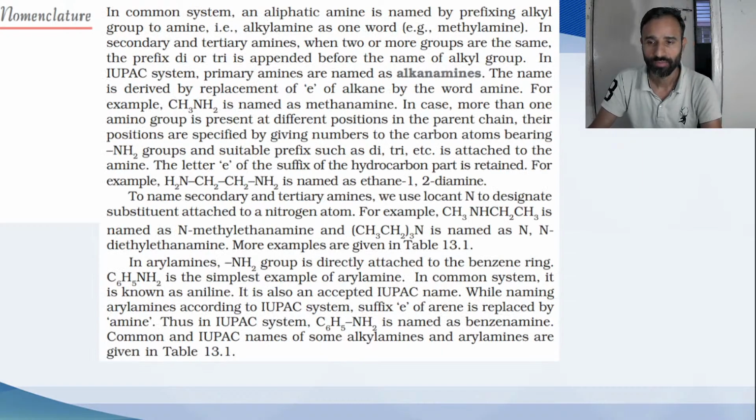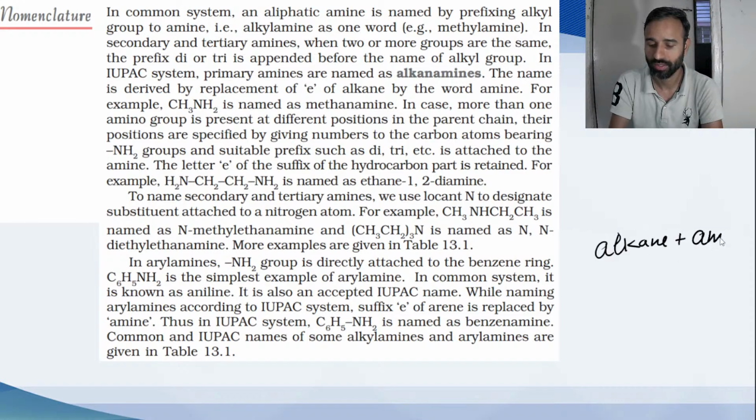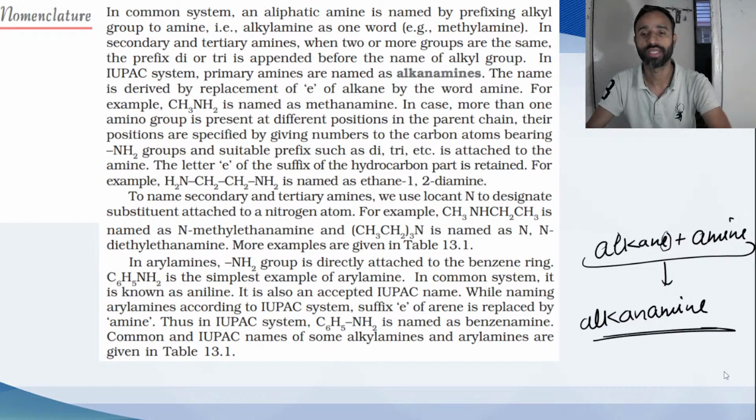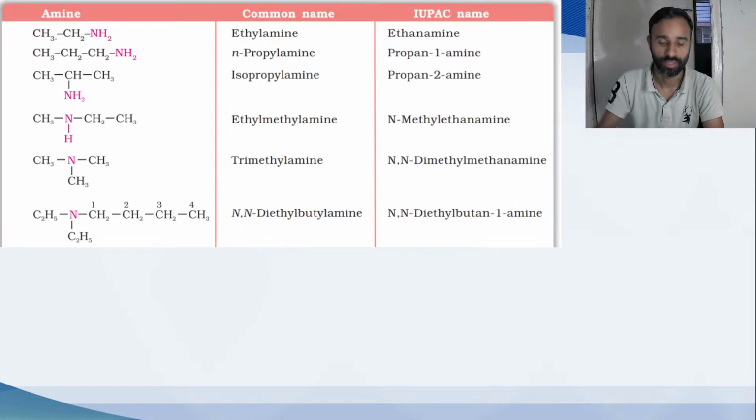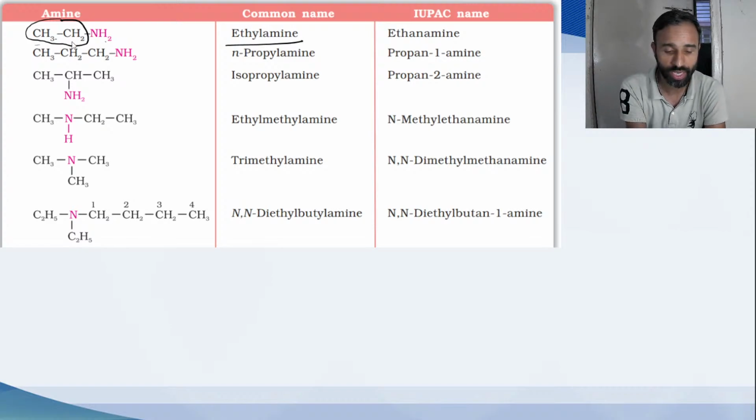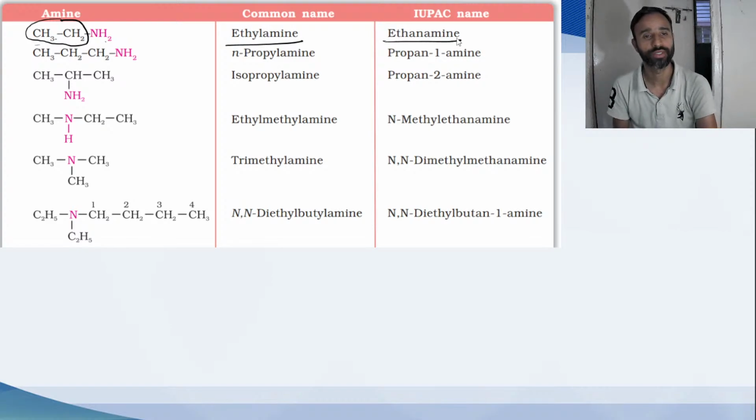In nomenclature, it is alkane plus amine. The e of alkane is replaced and we get alkanamine. So primary amines are written as alkanamine. See, CH3CH2NH2. In common name, this is an ethyl group, so ethylamine, and in IUPAC it is ethane plus amine, that is ethanamine.